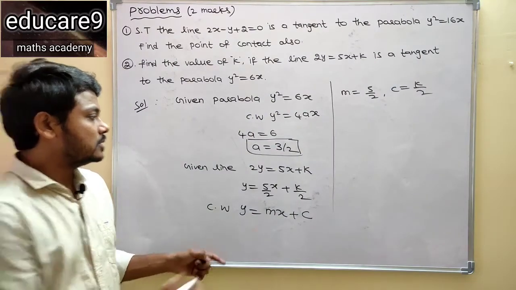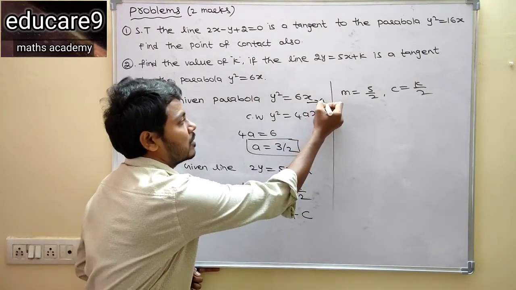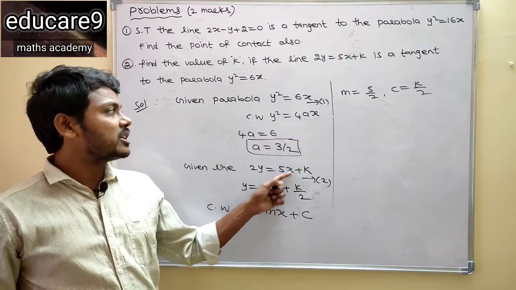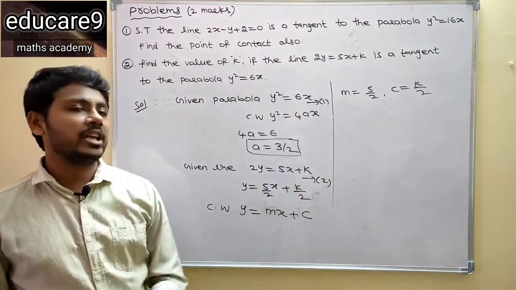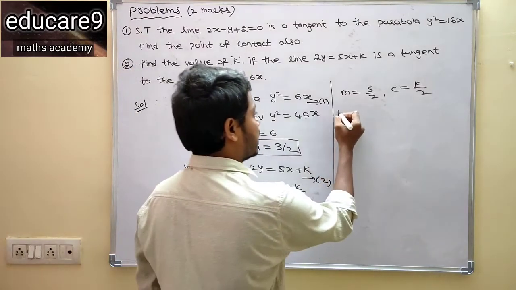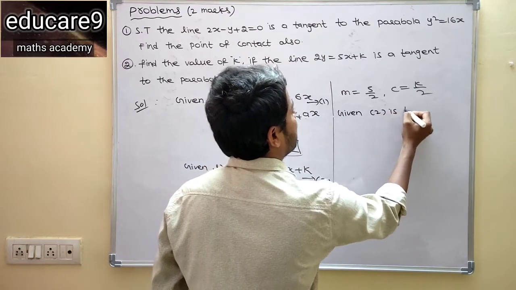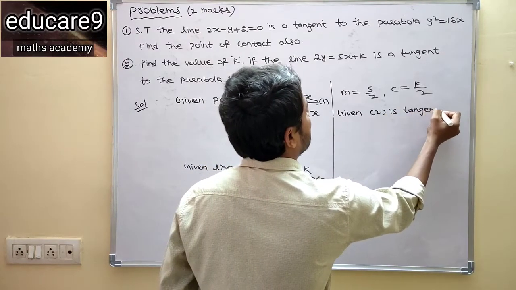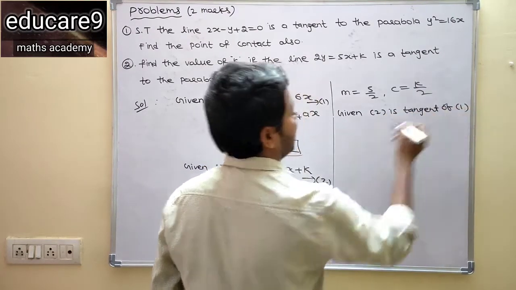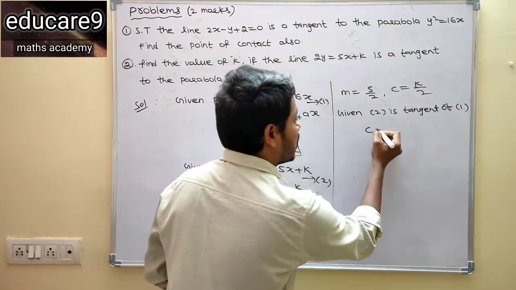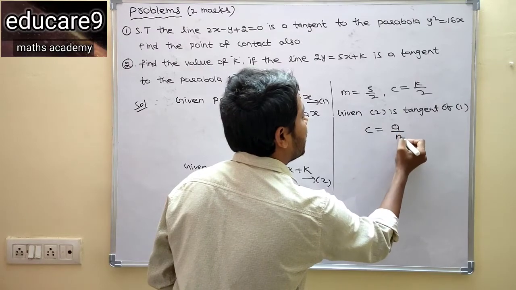Now given this line is tangent to the parabola y square equal to 6x. See here, given 2 is tangent of 1. Therefore, what is the condition? c is equal to a by m.